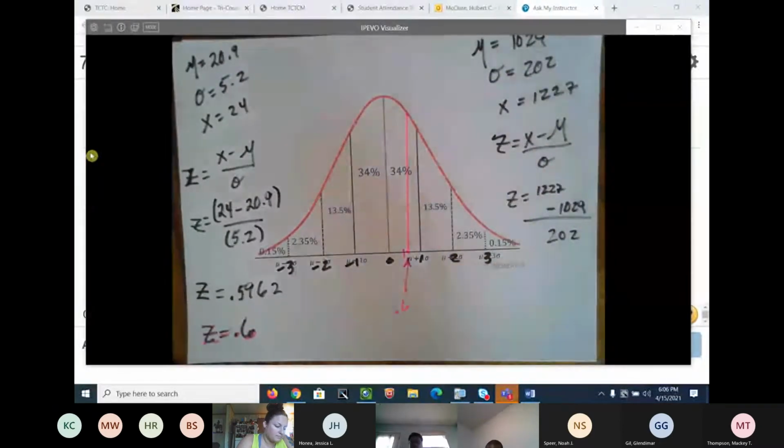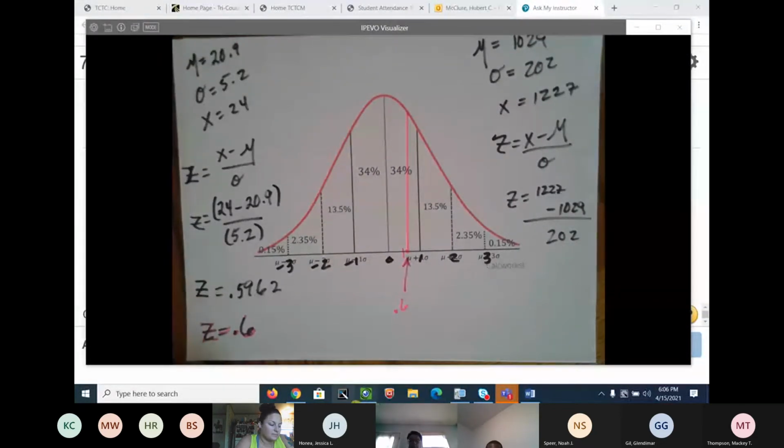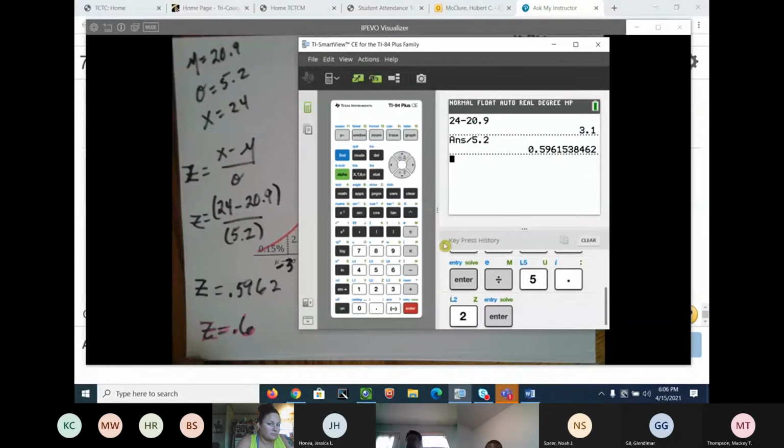So now let's do the blue. Take our handy dandy calculator, and let's take 1227. I'll do it with the parentheses for you.